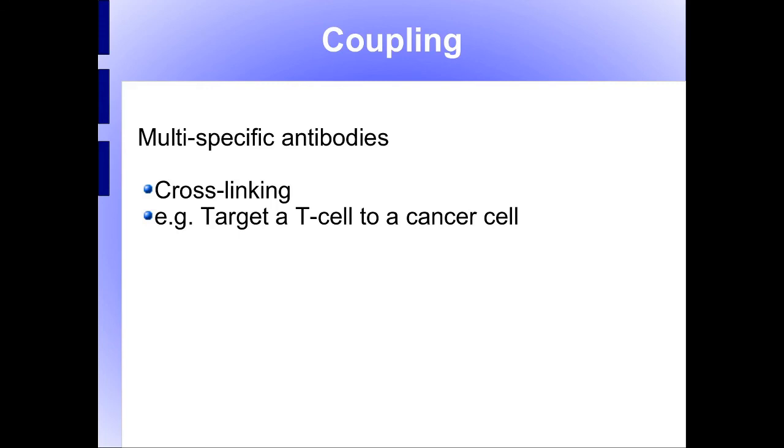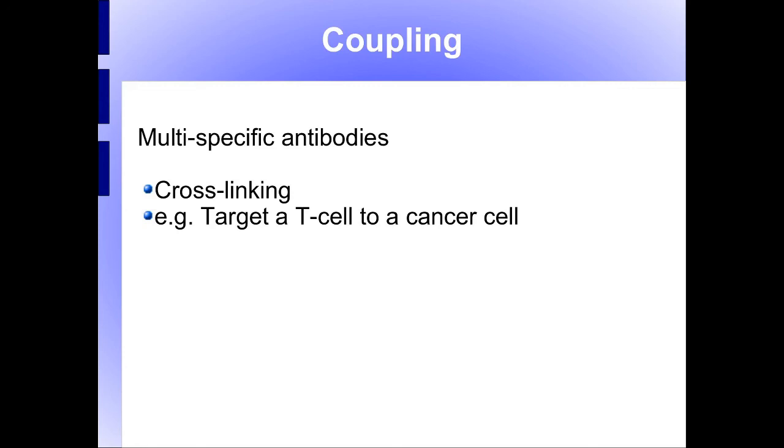And the third category then I described as coupling, and here we produce multi-specific antibodies. Now that can be done in a number of ways, and we'll come back to that later on, but one of the simplest ways, at least conceptually, is that you have these two arms on an antibody.